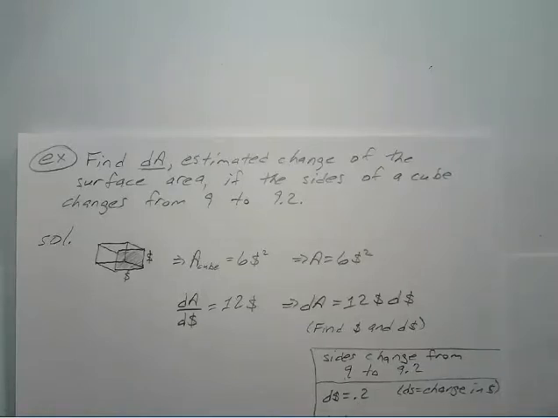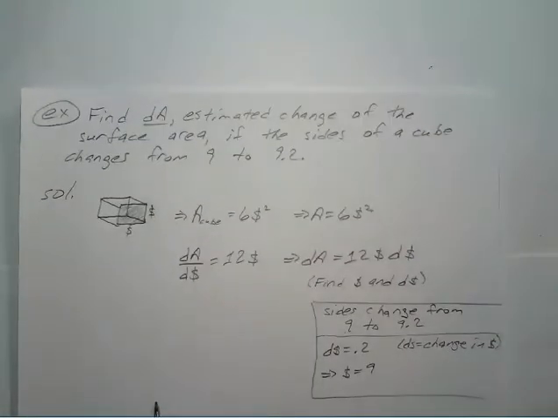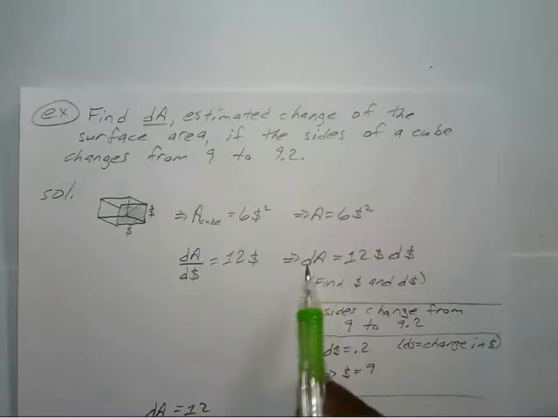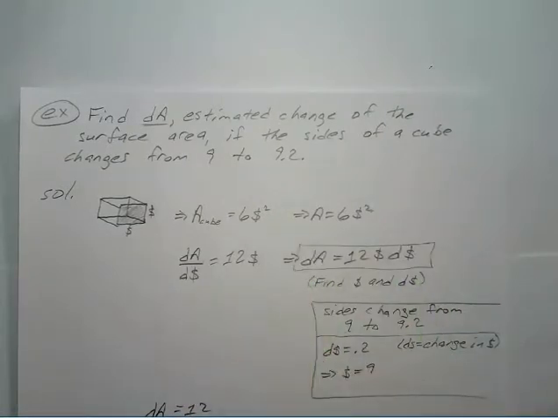And we know that our starting side length was 9. So that means our change in area is equal to 12, using this right here, times S, which is times 9, times our change in S, which is 0.2.